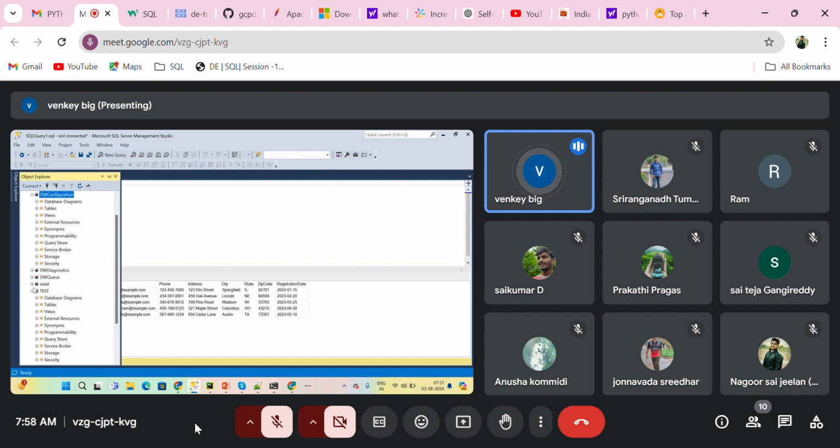So we created different databases in SQL Server depending on the data functionality. For example, in my business, I'll have different functionalities happening: logistics, sales, transactions, or employees data. So I want to split and segregate this data.